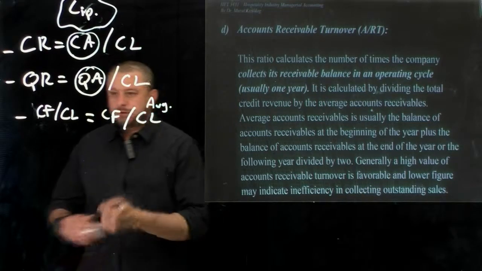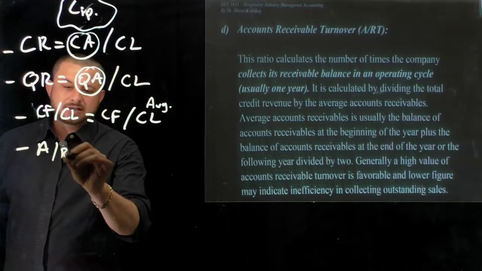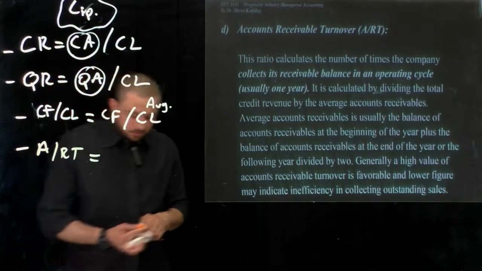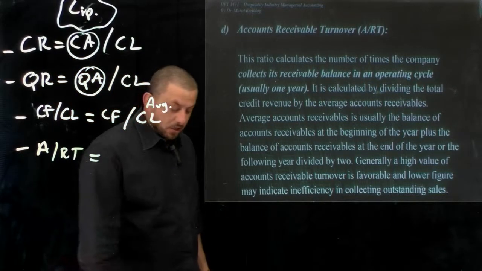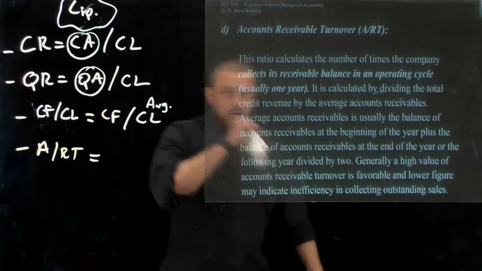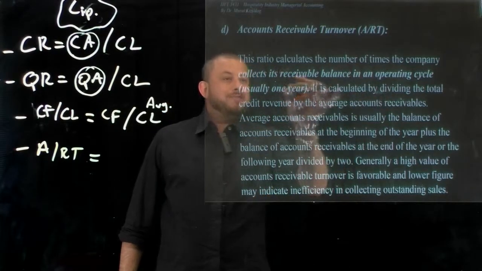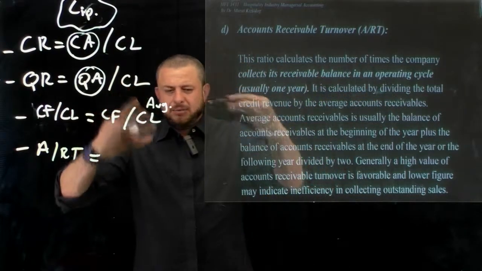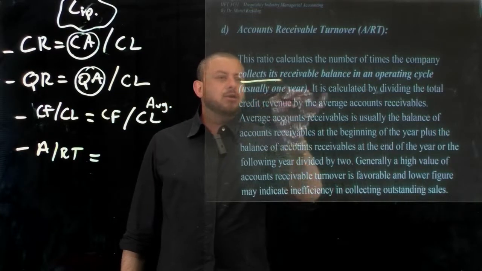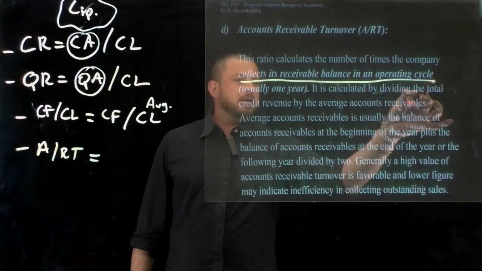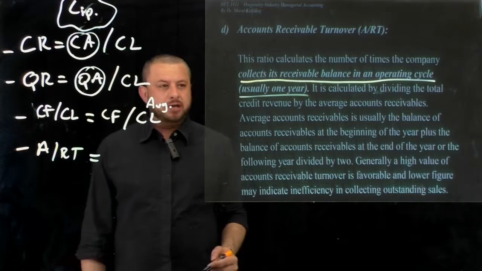Accounts receivable turnover, or ART, is another ratio I would like to bring to the table because it shows the firm's efficiency, or number of times, in collecting its receivable balance in an operating cycle, usually 1 year, okay?